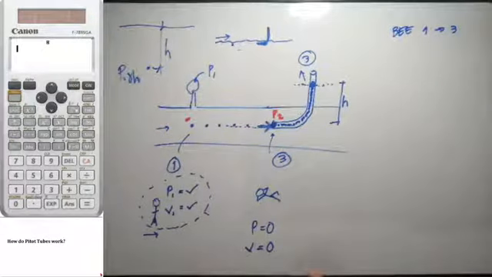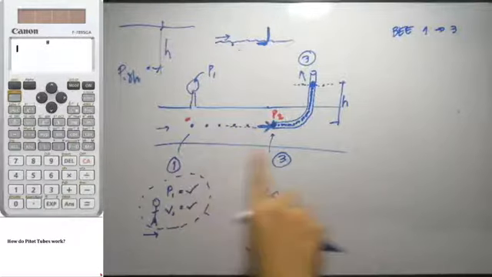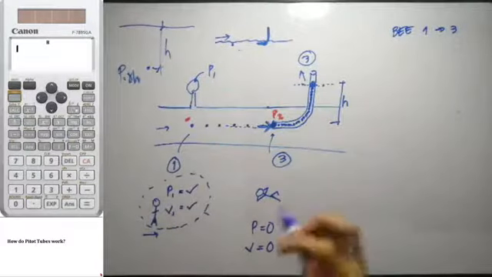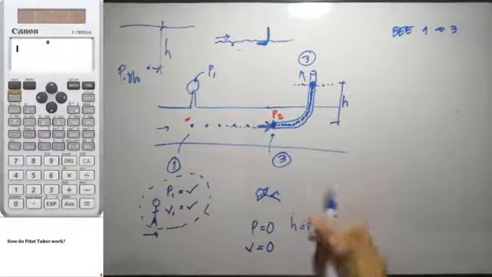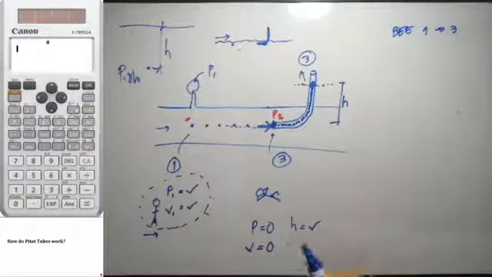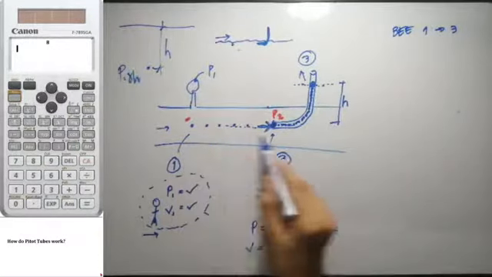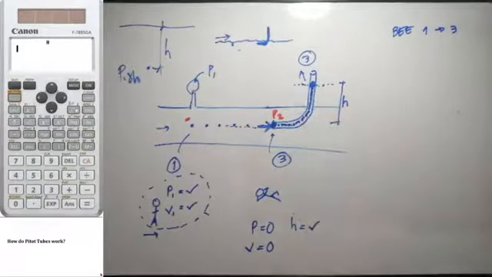Okay? Ibig sabihin, the energy at point 1 is all converted sa energy ni point 3. Ano ba yung energy ni point 3? Ang meron siya is yung elevation head. Ibig sabihin, lahat ng energy niya rito sa point 1 na-convert into elevation head pagdating dun sa point 3.